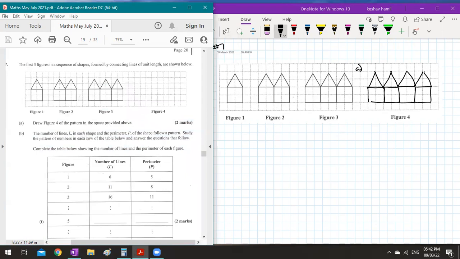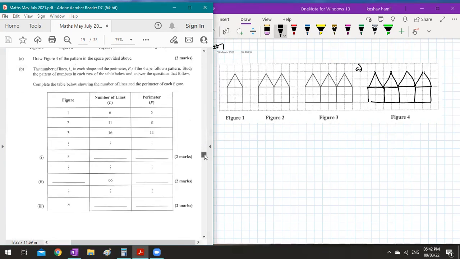The number of lines L in each shape and the perimeter P of the shape follow a pattern. Study the pattern and the numbers in each row of the table below and answer the question that follows. Complete the table below showing the number of lines and the perimeter of each. So they want the 5th figure.